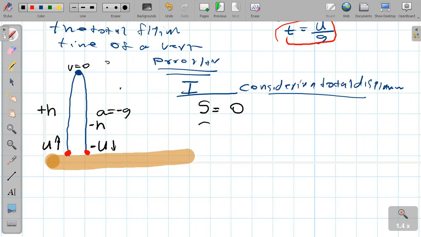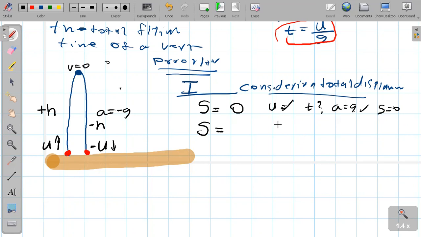Now you can apply what? What are my data? v, u, the time, that is what I want, and the acceleration is g, and the displacement is 0.